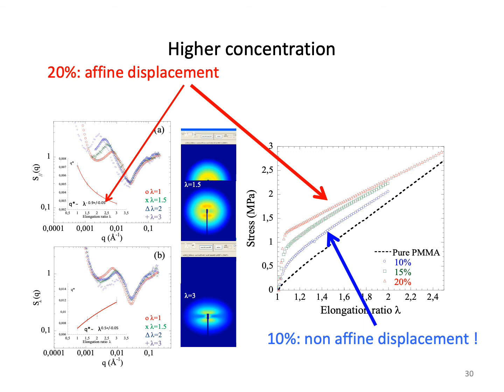And what is interesting is that this second case corresponds to a much stronger dependence of the stress on the elongation ratio, as you can see on the right-hand side figure of the mechanical stress-strain curve.